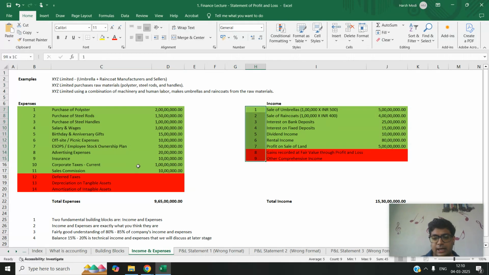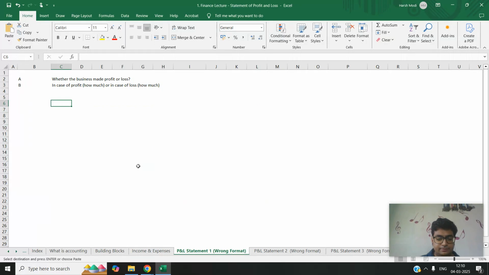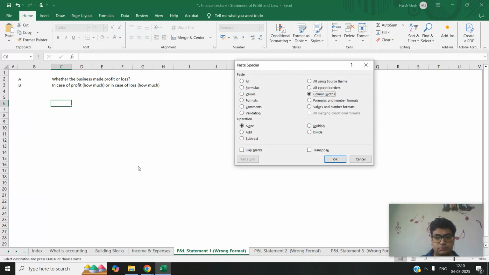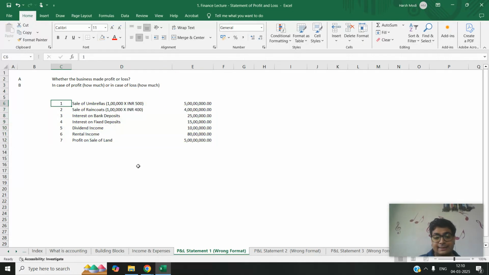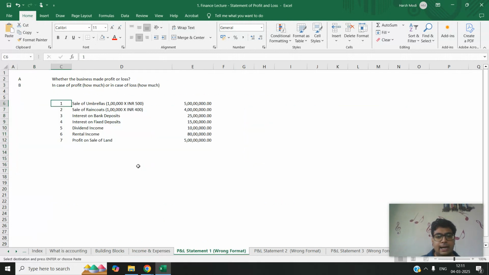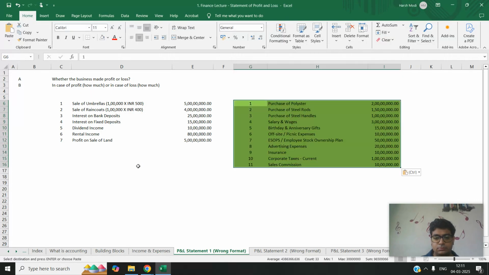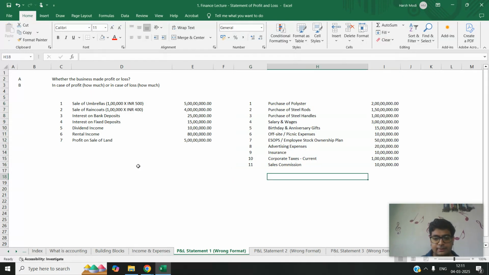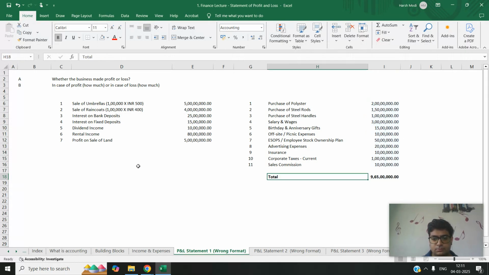Now what I do is I take all the income and I paste it here. Just listing all the income here. And then what I do is I take all the expenses and list them beside my income. Then I simply total them up. Likewise, I also total my incomes up.